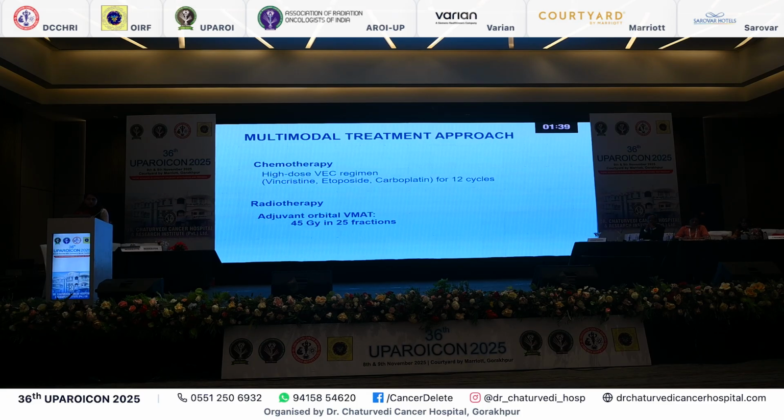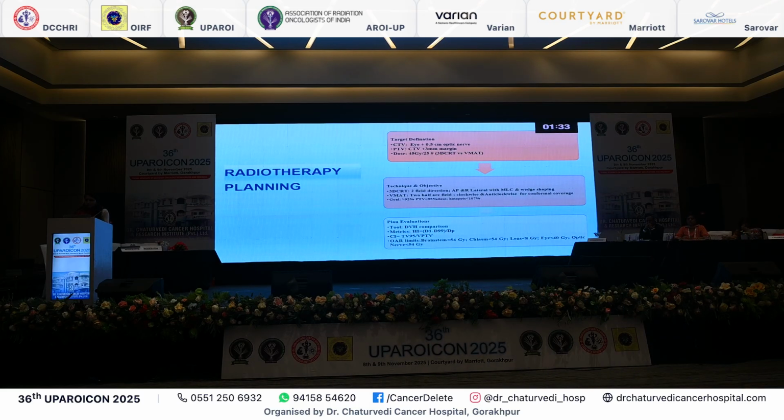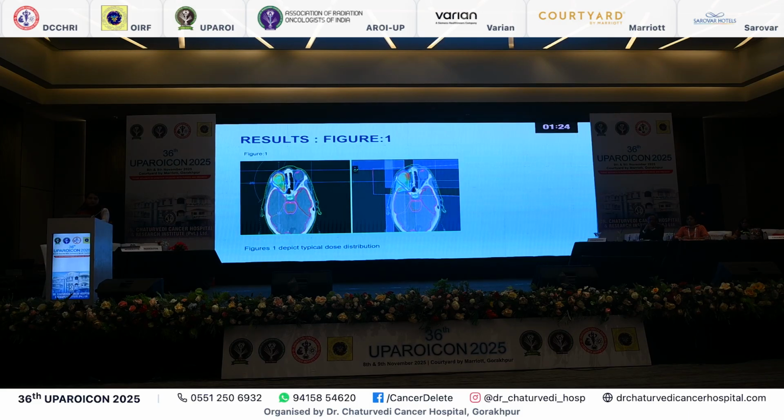And we advised the child high-dose VEC chemotherapy as well as adjuvant VMAT radiotherapy. Then during radiotherapy planning, we compared the 2 plans, 3D CRT as well as the VMAT plan. The first figure shows the VMAT planning, and the second figure shows the 3D CRT planning.